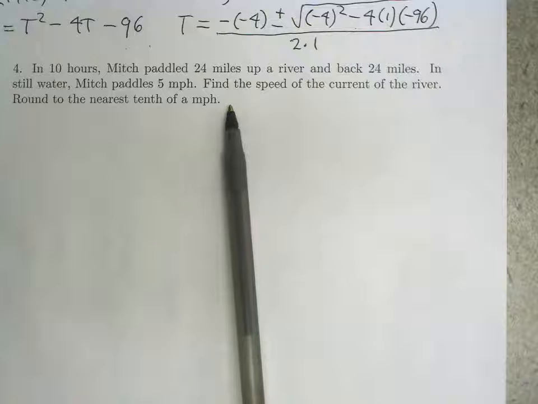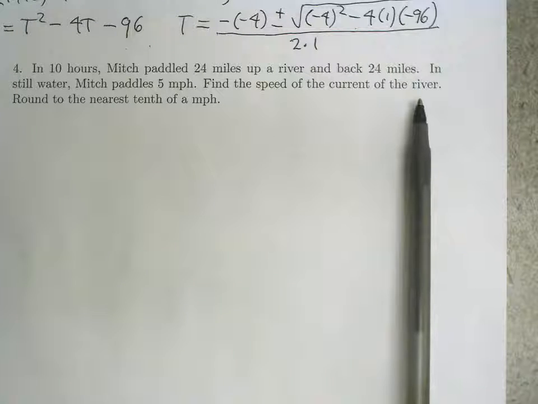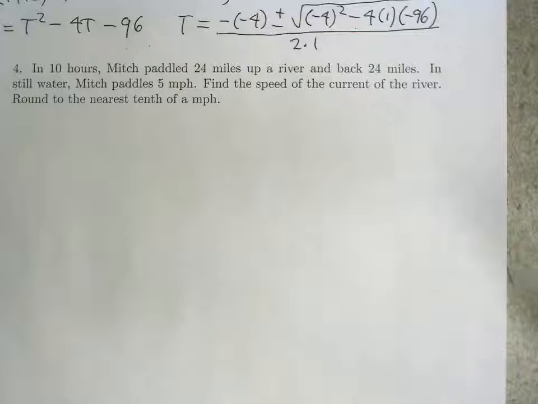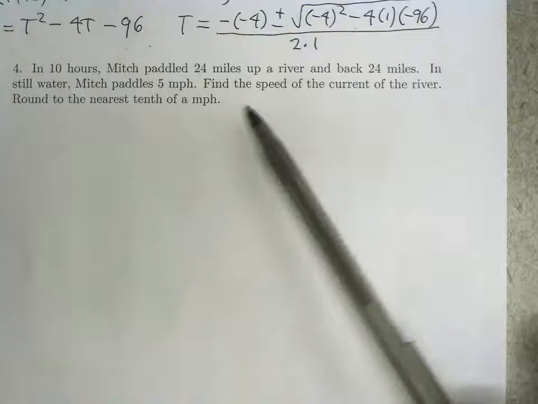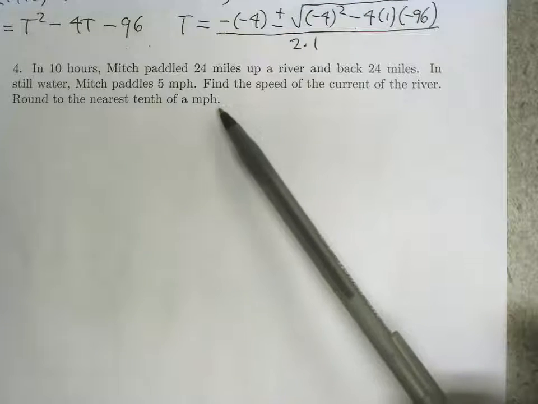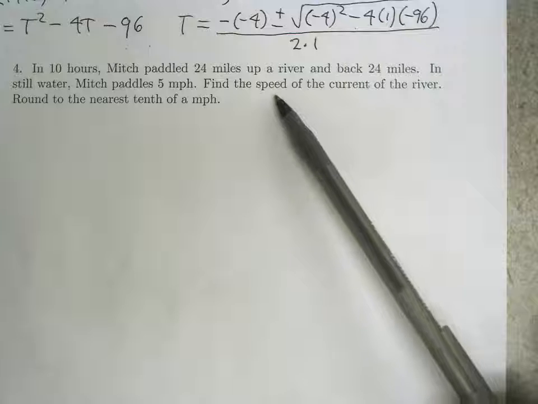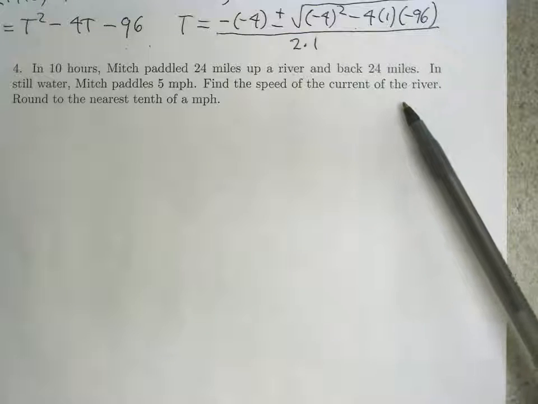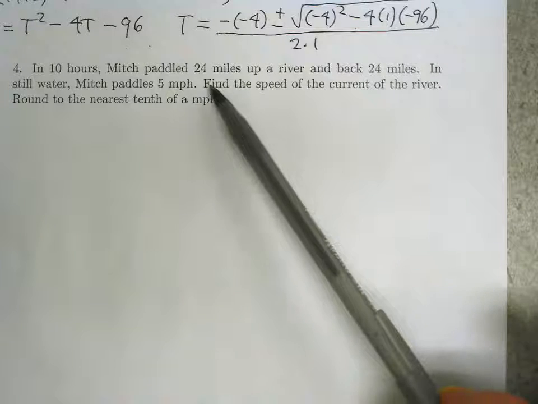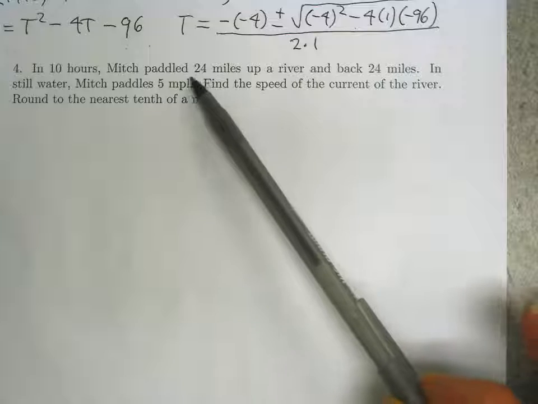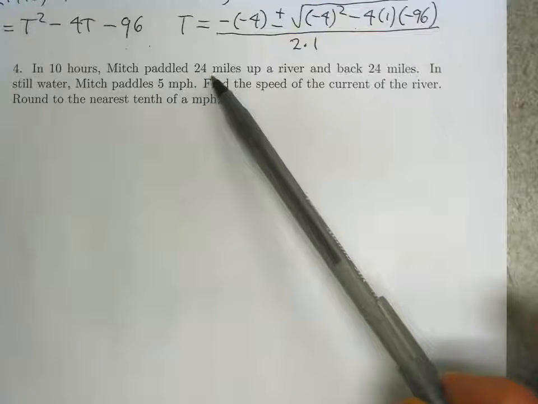So we will find the speed of the current of the river. Once again, this is sort of unrealistic. In order to be able to solve this problem, we're going to assume that the speed of the current is always the same on that 24-mile stretch.